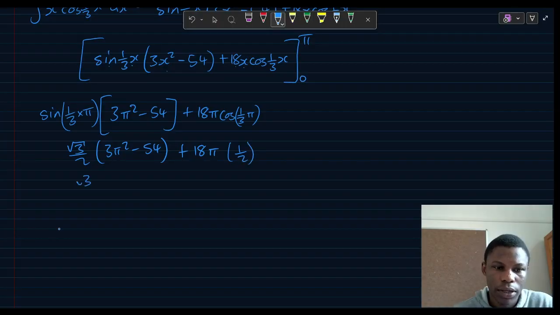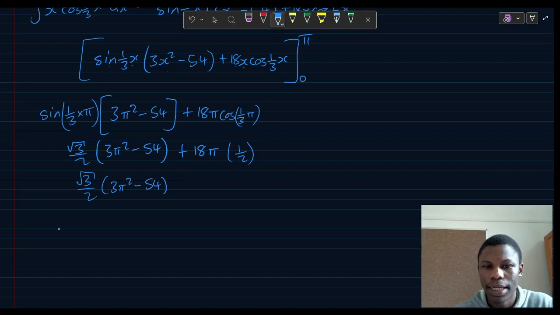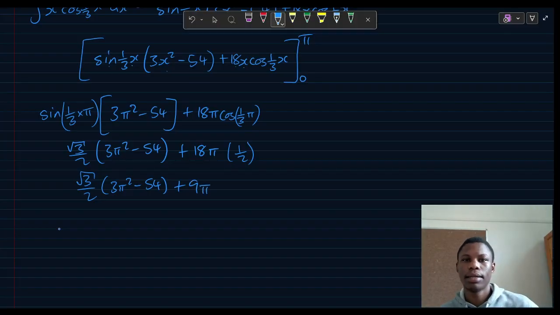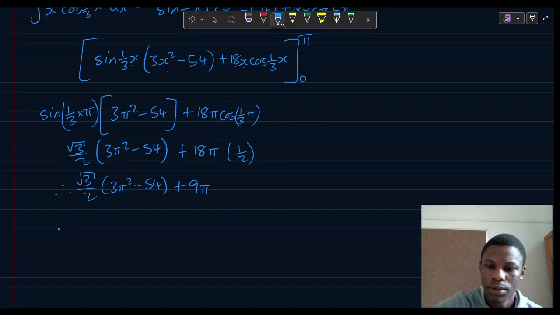So we have that root 3 over 2 times 3 pi squared minus 54. Then 18 pi times a half, that's just 9 pi. And that there is our final answer and also the very end of the question paper.